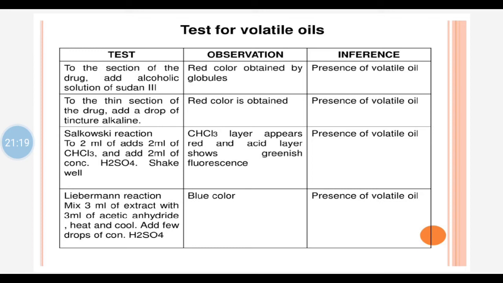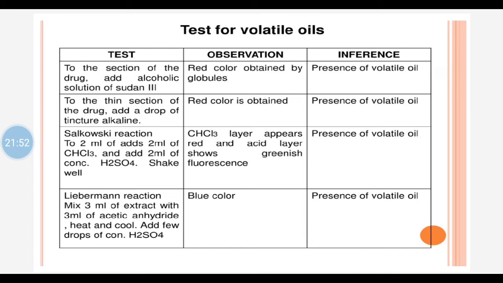The next test is the Sarkovsky reaction, where 2 ml of drug is taken, and to this 2 ml of chloroform is added and 2 ml sulfuric acid is added. Now what happens is the chloroform layer appears red and the acid layer shows greenish fluorescence, which confirms presence of volatile oil.